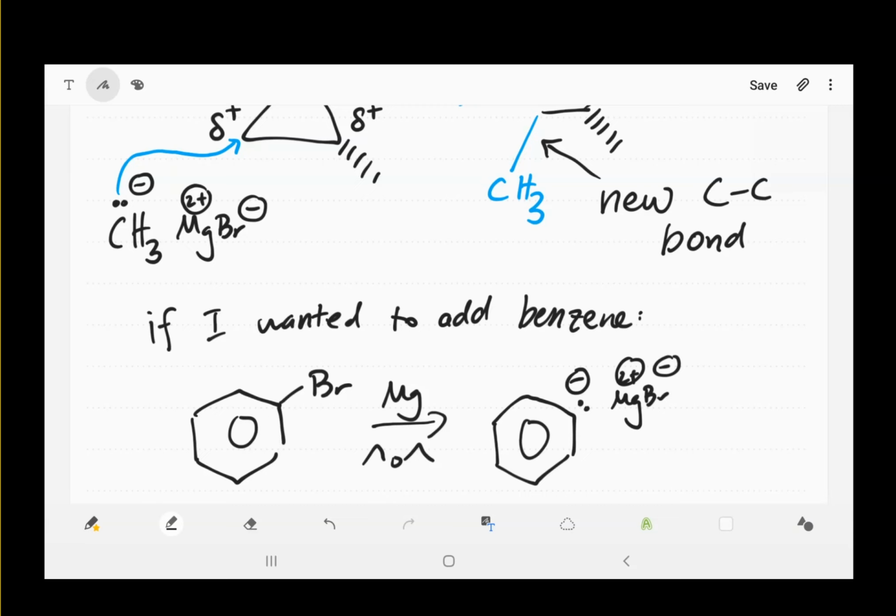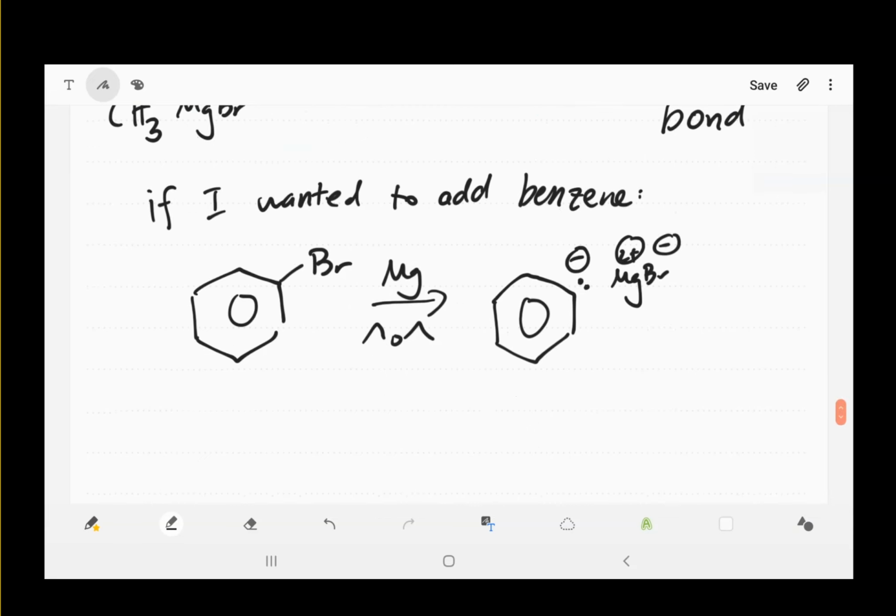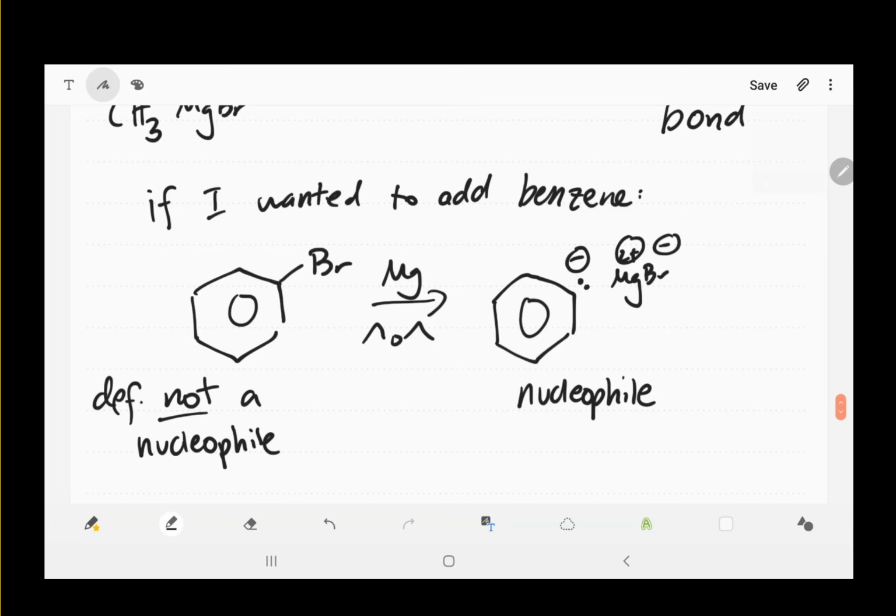So if we want carbon-based nucleophiles, you want to use them as a Grignard reagent.